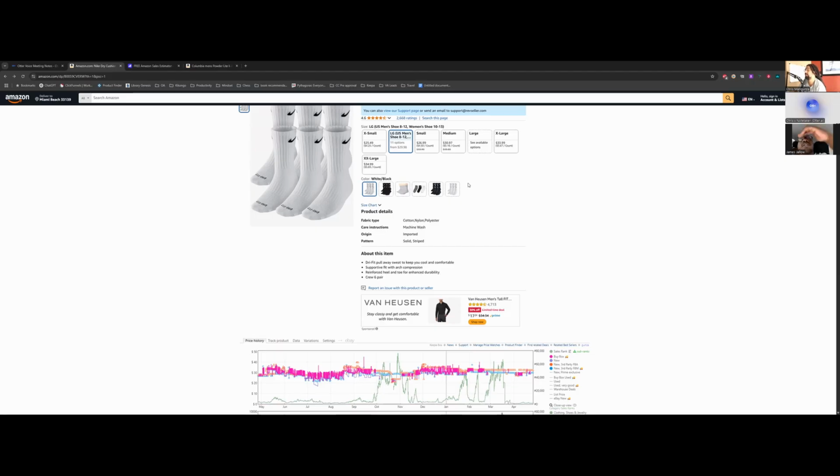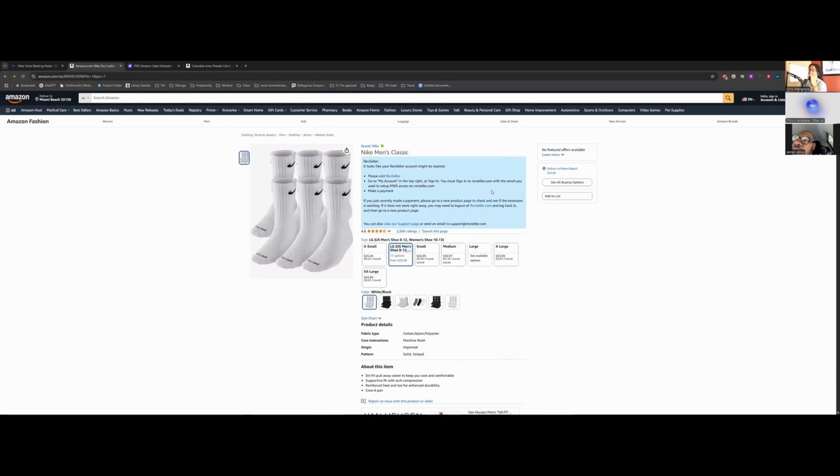An IP complaint is when a brand files a complaint to actually remove you from the listing. To be 100% clear, the brands are not supposed to do that, because this is not what IP complaints are supposed to be used for. They are supposed to be used whenever somebody misuses the IP of a brand. But they use it to remove people from their listing, and Amazon allows that, which is bullshit, by the way. But they are going to use that, and there's nothing you can do about it, right?